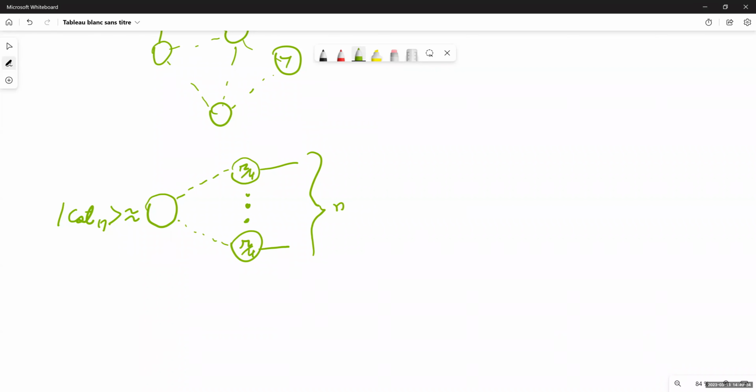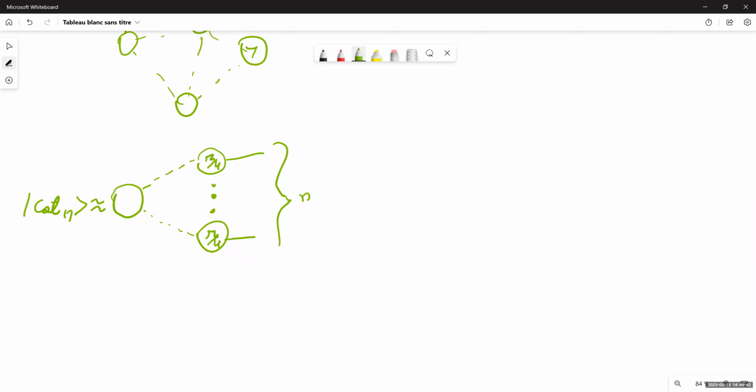And most of the time, this has better decomposition than just T to the n. For example, if we take cat 3, which looks like this with a pi over 4, and like this, pi over 4, and like this, pi over 4.